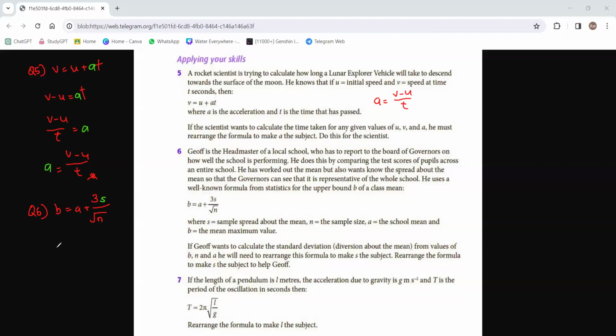So move to the B side, we'll get a negative one, which equals B minus A equals 3S over square root n. And now we know that here 3S is over square root n. So here is divide.